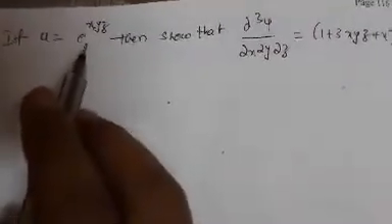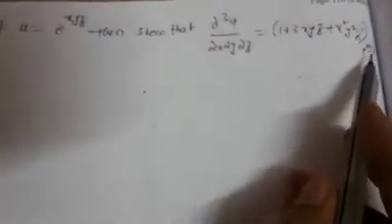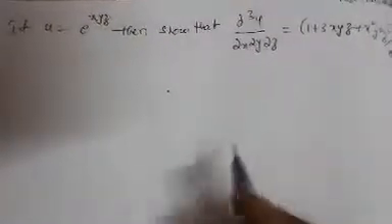So here u equal to e power xyz, then show that ∂³u/∂x∂y∂z equal to 1 plus 3xyz plus x square y square z square into e power xyz.